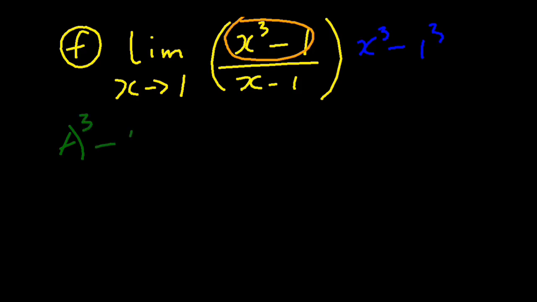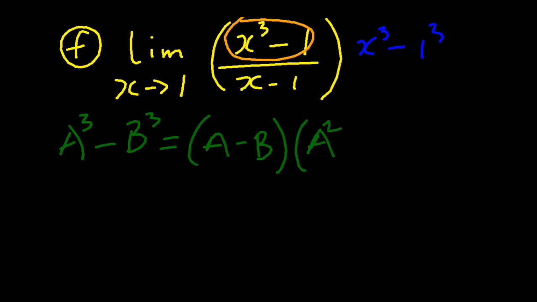A raised to power 3 minus b raised to power 3 is equal to a minus b into a raised to power 2 plus ab plus b raised to power 2.